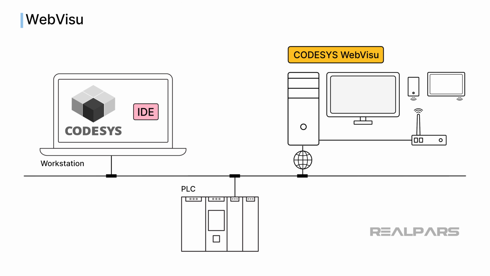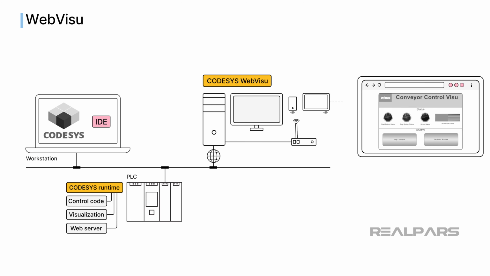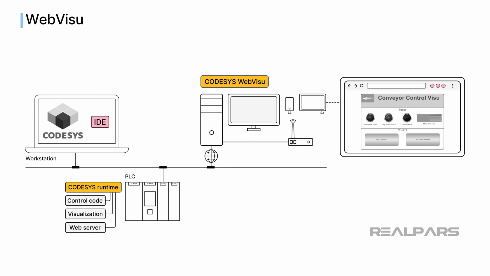In a WebVisu deployment, a single CODESYS runtime instance runs the control code, the visualization, and a web server. Any device that can run a modern web browser, like Google Chrome, and can reach the CODESYS runtime instance over a network connection can connect to the web server and display the visualization.